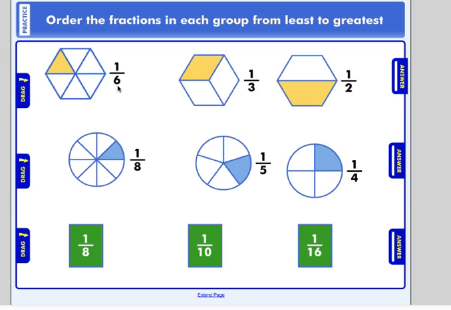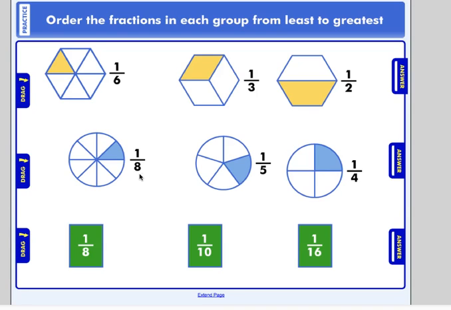You'll notice here that the denominator with the largest number makes the smallest fraction, 1/6. And the next largest, and the denominator that's actually the lowest number, makes the biggest fraction, because it just means that we're dividing that whole piece into less pieces.